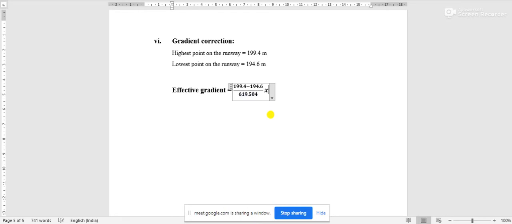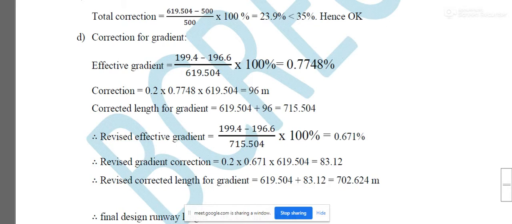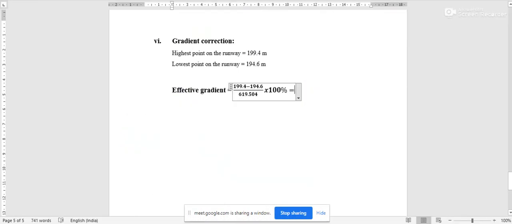This multiplied by 100%, that is equals to 0.671%. You may check the calculation.